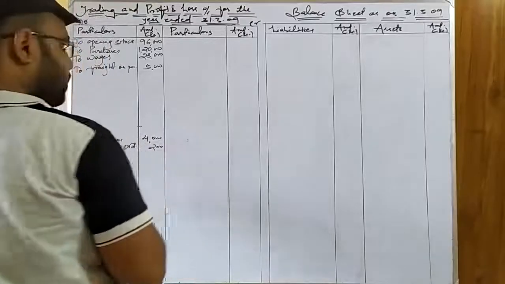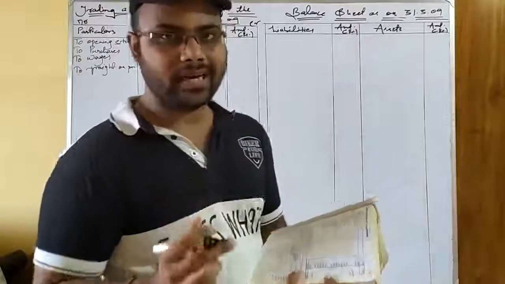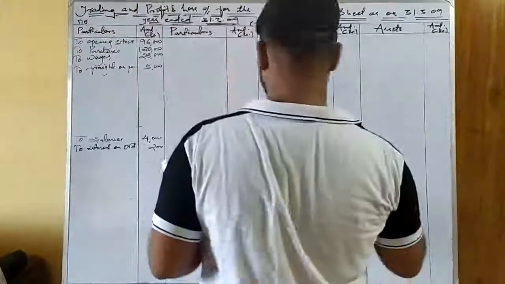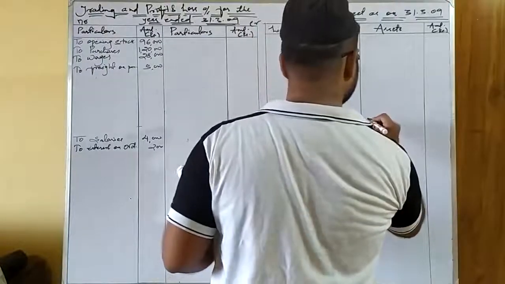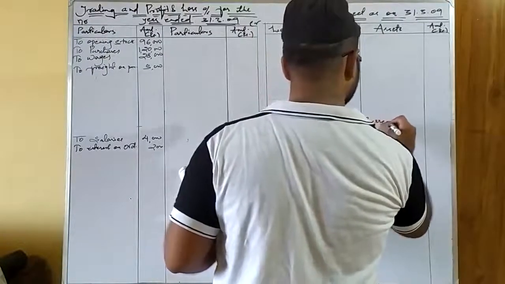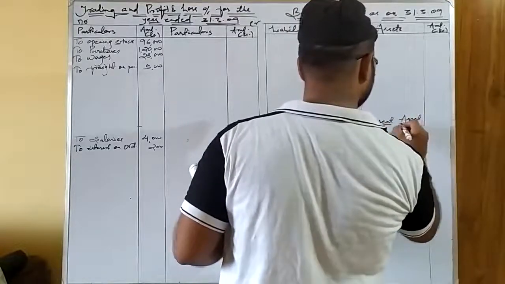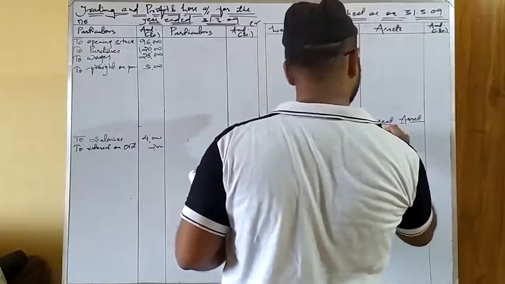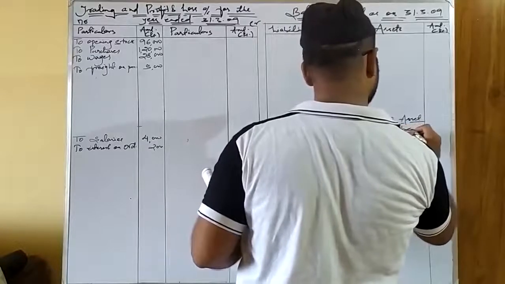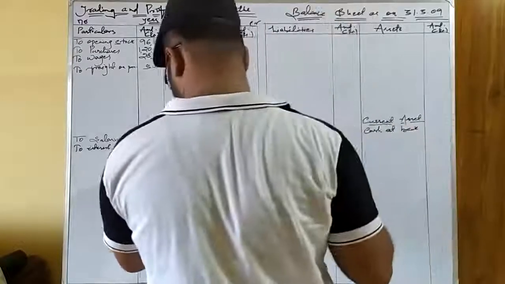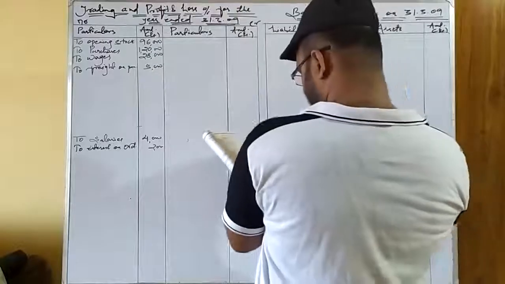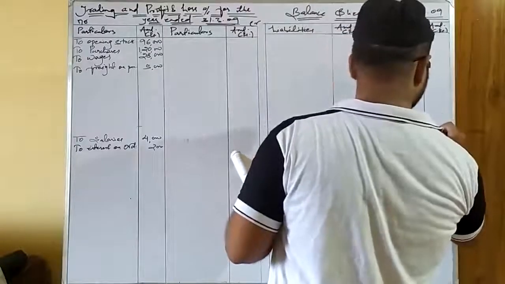The next is cash at bank. Cash at bank is a current asset, means bank balance. Okay. So it is a current asset. We will be writing here. So cash at bank given in the question is 1,800. Okay.